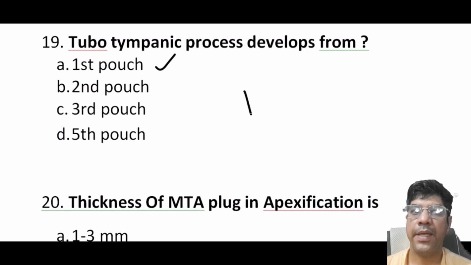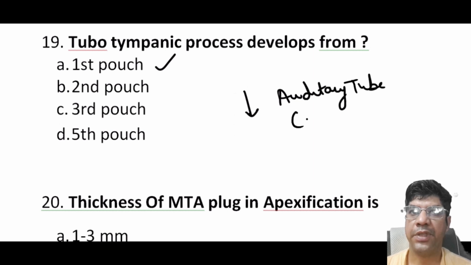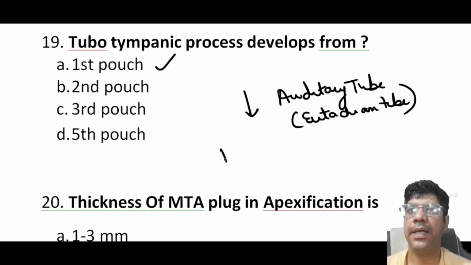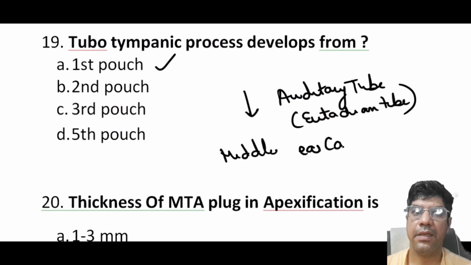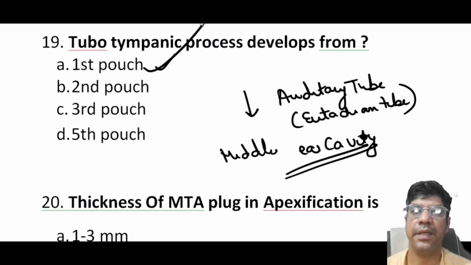The tubotympanic recess ultimately gives rise to the auditory tube, that is the eustachian tube, and the middle ear cavity. So the answer is A.